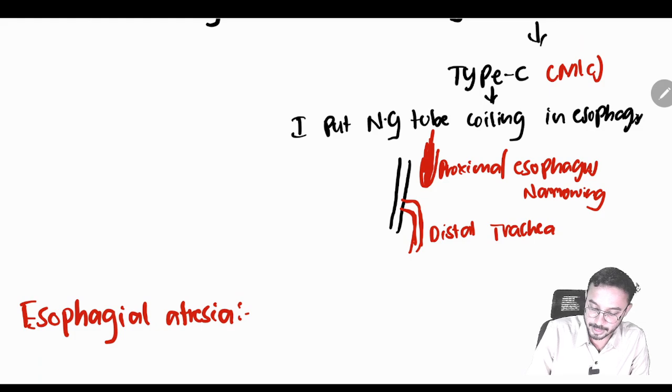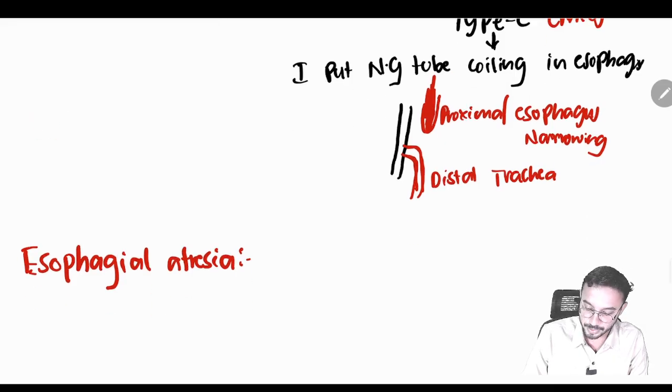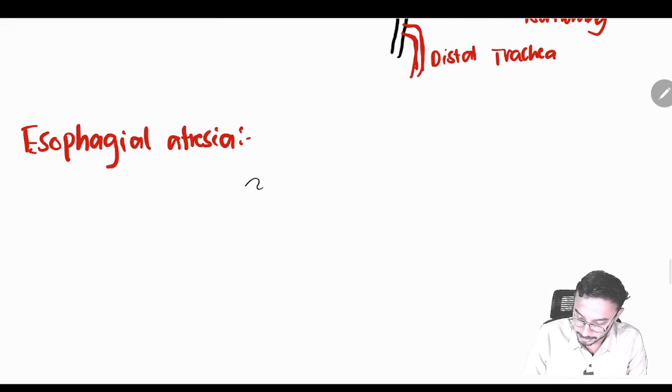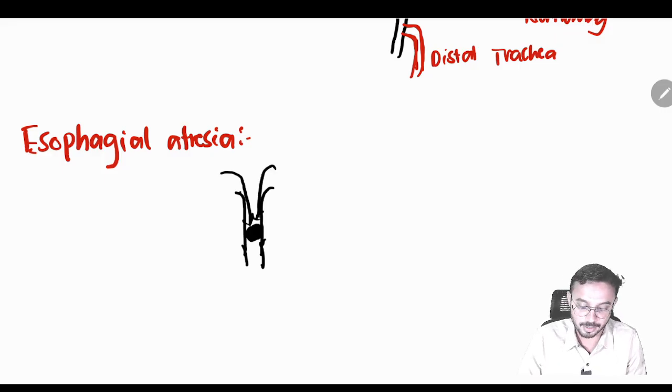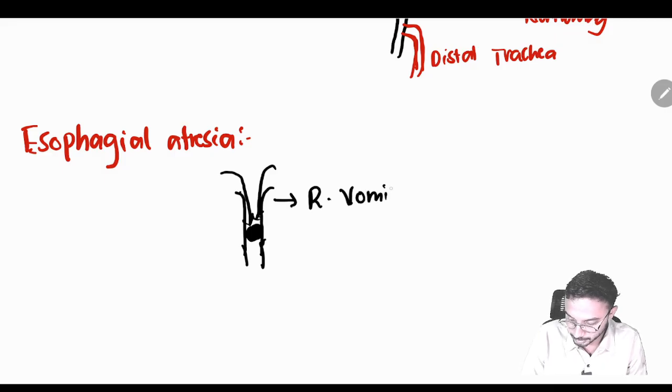And next, esophageal atresia. This is the esophagus of the baby. Atresia is nothing but narrowing. So here, the mother has fed the child, and you will find recurrent vomiting. Why?